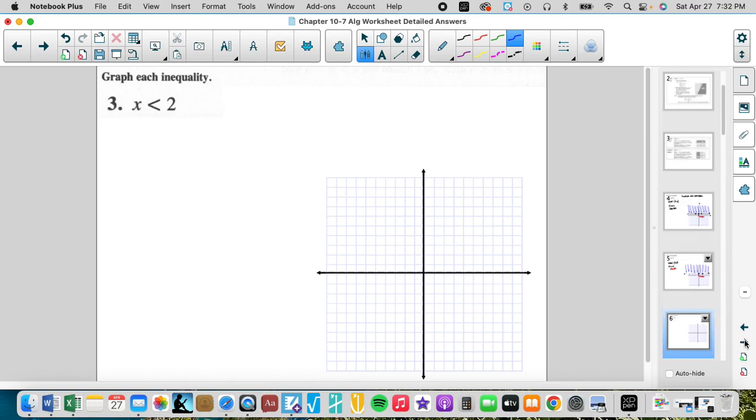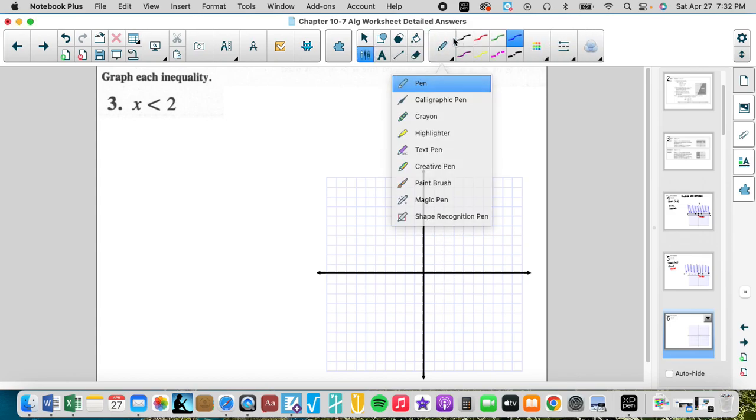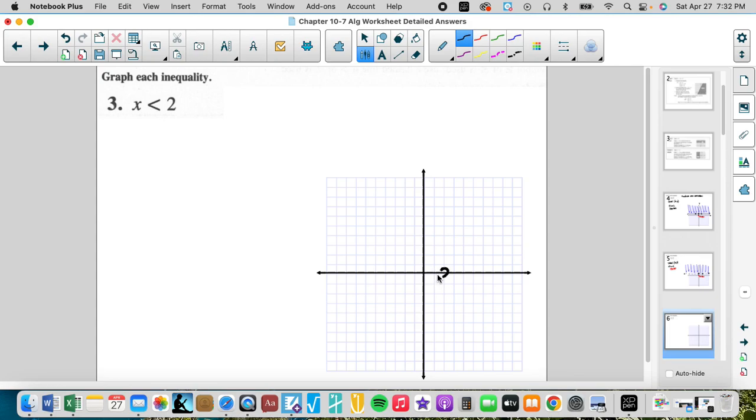We're shading the solutions. This time we only have one variable, but it's x, so it's going to cross the x-axis at 2. It is not equal to, so it's going to be an open circle at 2, and all of these points are going to have x values of 2.